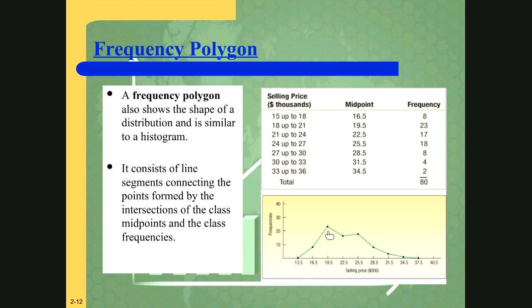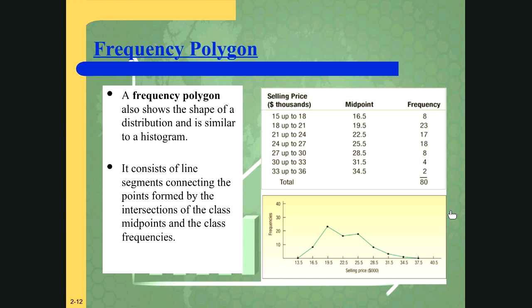So if you can picture a bar going up to there, and it's the same as going across here, but it's a line. It consists of line segments connecting the points by the intersections of the class midpoints and the class frequencies.